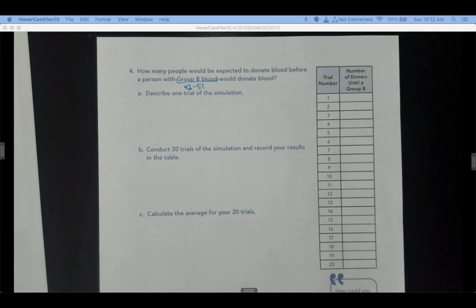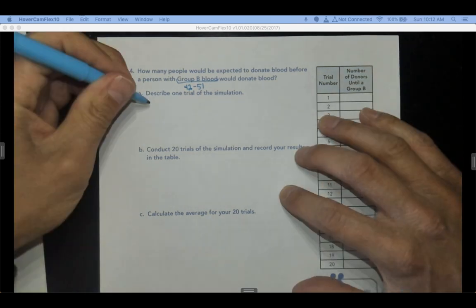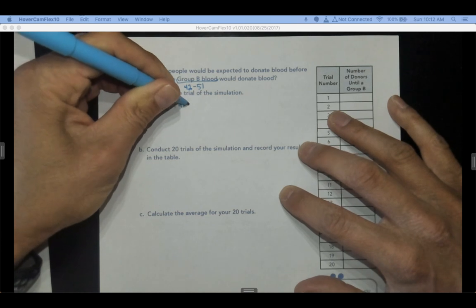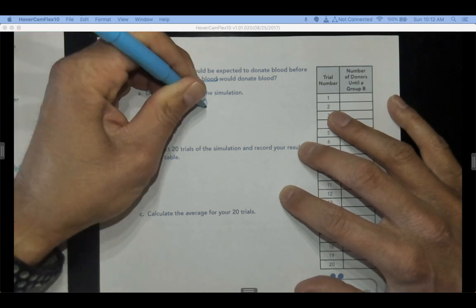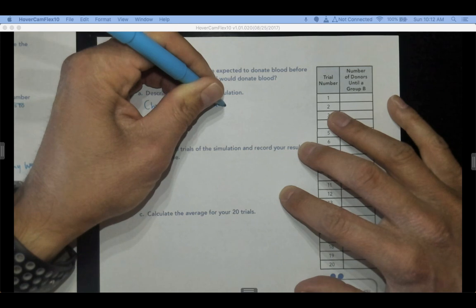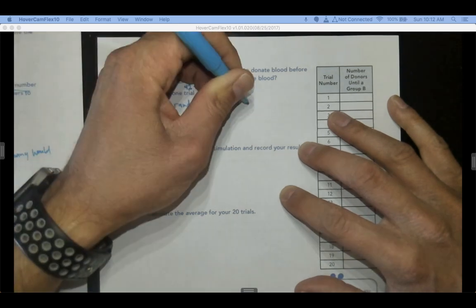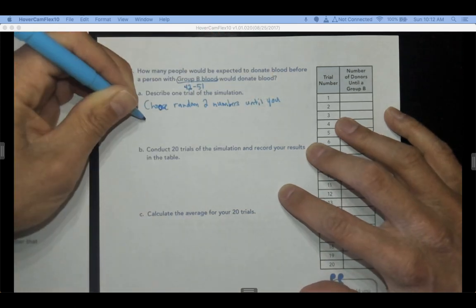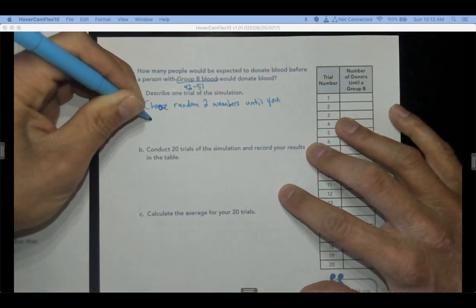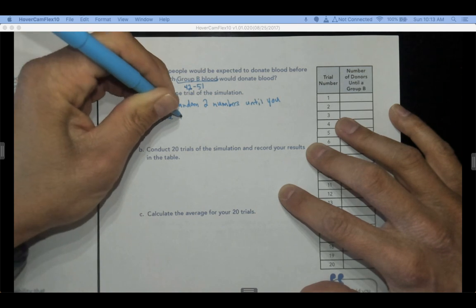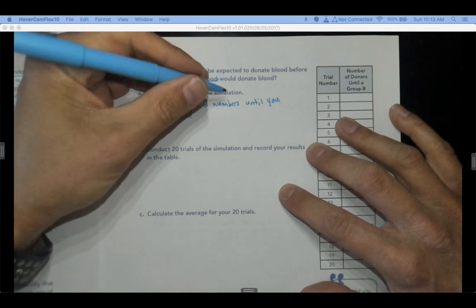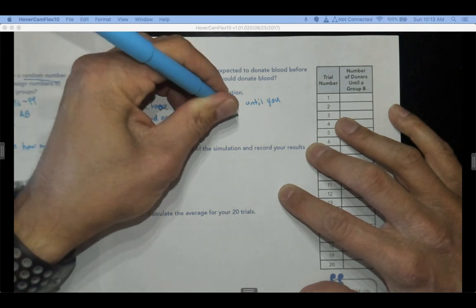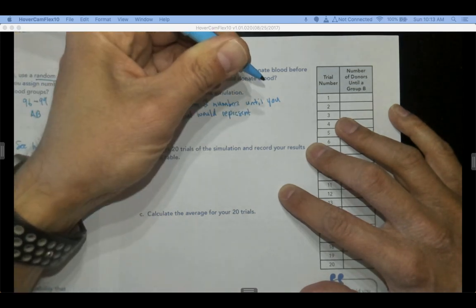So choose random 2-digit numbers until you find one that would represent group B.